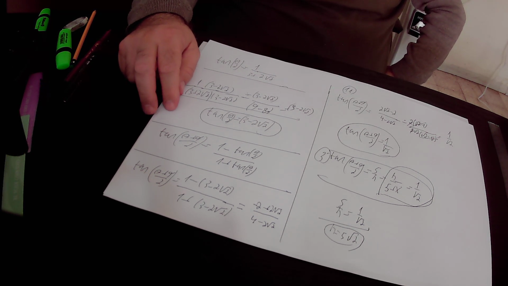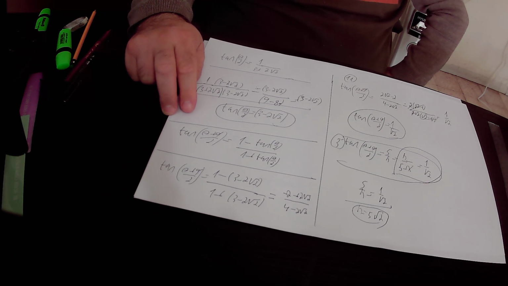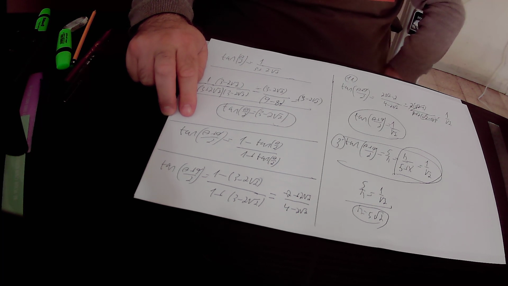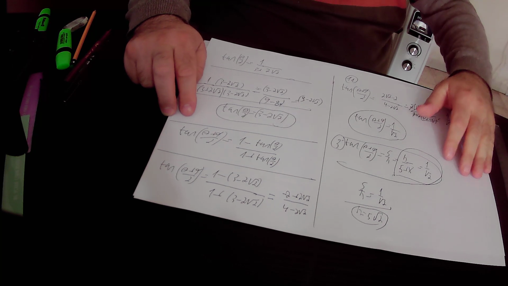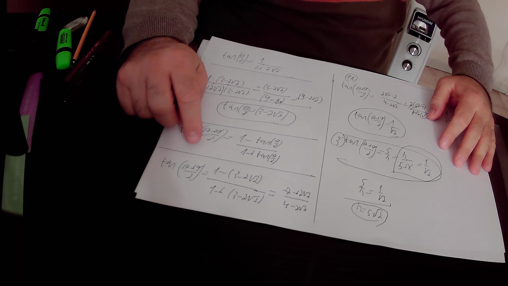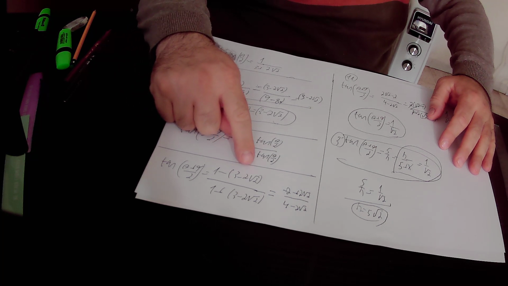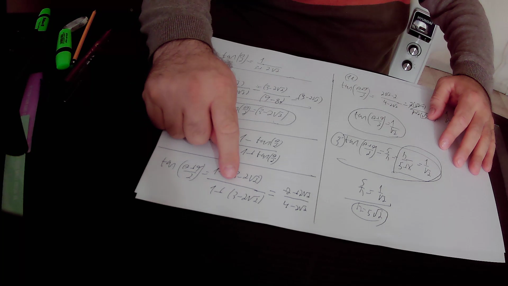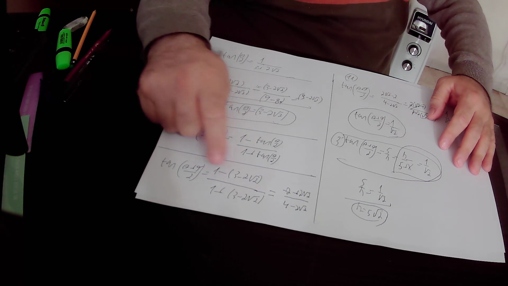And then we put the value of tangent theta over 2 inside the equation tangent theta over 2 equals 1 minus tangent theta over 2 over 1 plus tangent theta over 2. So we got that 1 minus tangent theta over 2, that is 3 minus 2 times square root of 2, over 1 plus tangent theta over 2, that is 3 minus 2 times square root of 2.